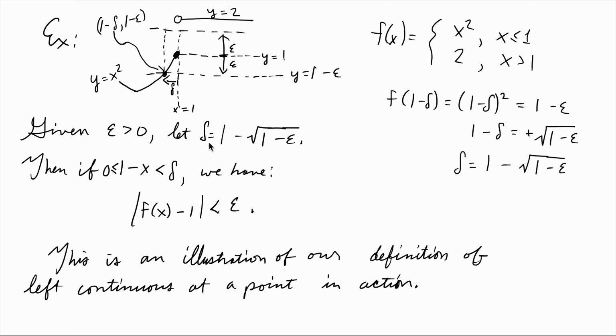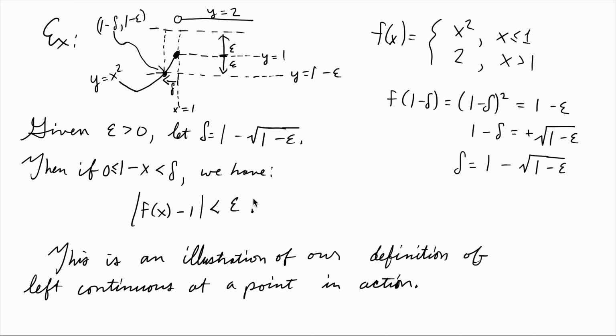So then we say, okay, what does this mean? This means that the x value is in the left fuzz that we chose. 1 minus x is less than delta, and greater than or equal to 0. So if x is in that left fuzz, then yes, because I can see it in the picture by the choice of delta.